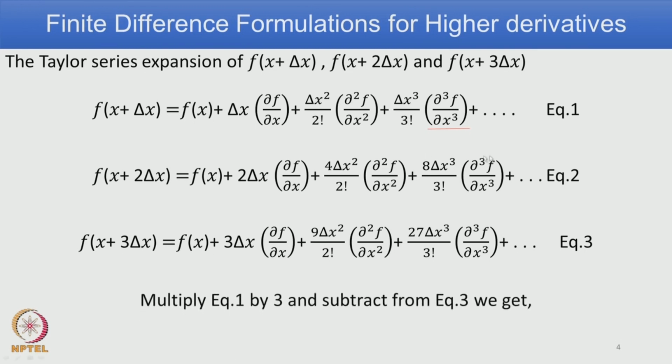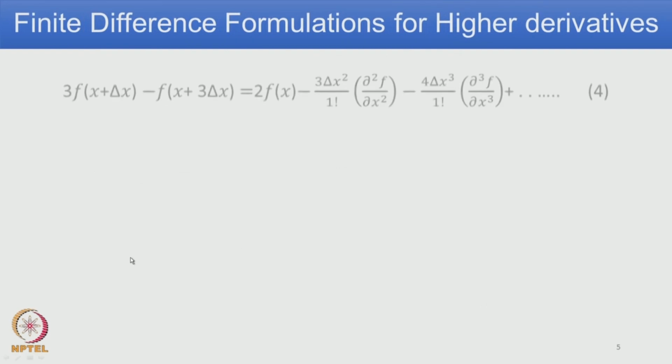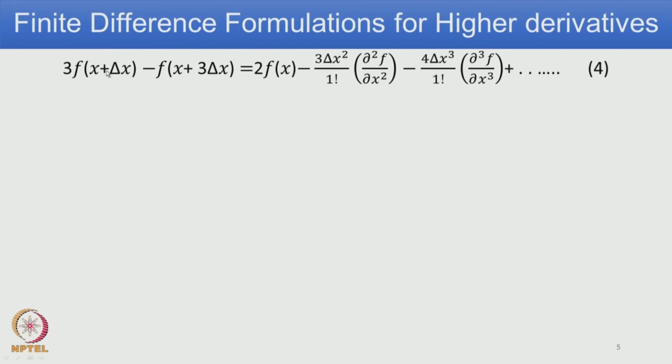Considering equations 1 and 3, multiply equation 1 by 3 and subtract it from equation 3, which is for f of x evaluated at x plus 3 delta x. If you do that, you get 3 times f of x plus delta x, that is from the first equation, and this is the third equation term. So, we have a term on the left hand side and the remaining terms on the right hand side. You can see term by term and verify this expression is correct, and we number this equation as 4.